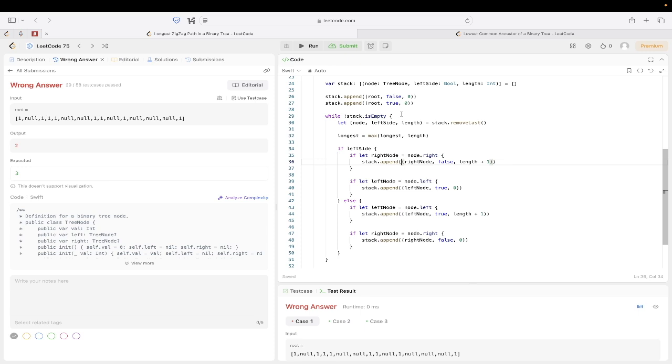We append right node false for left length +1. Left node, we go left, append true for right 0. Okay. What am I missing?